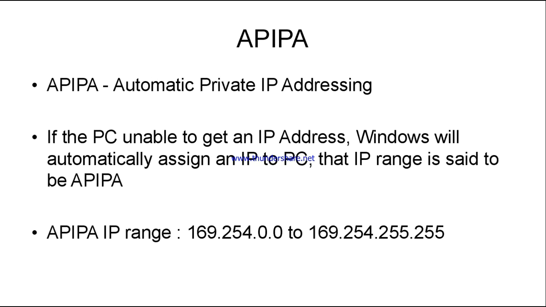APIPA is nothing but Automatic Private IP Addressing. Let's consider we want to use a computer via DHCP. If a computer gets an IP address only via a DHCP server, but due to some issue it couldn't get an IP address from the DHCP server, then the PC will automatically generate an IP.